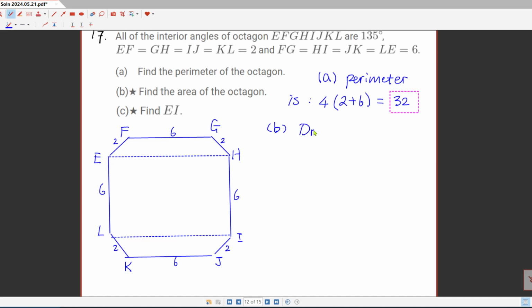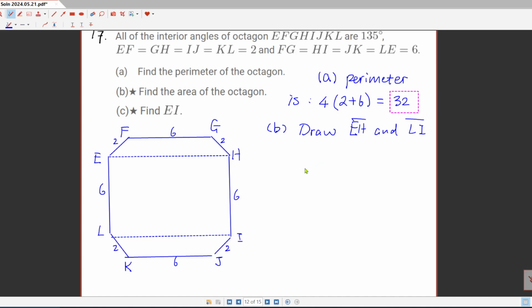So first of all, we draw EH and LI. And again, that divides the octagon into two trapezoids and a rectangle.